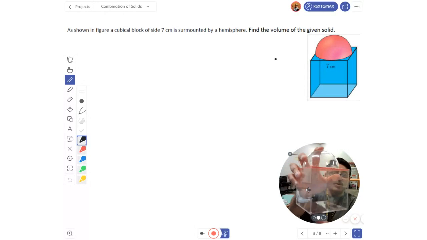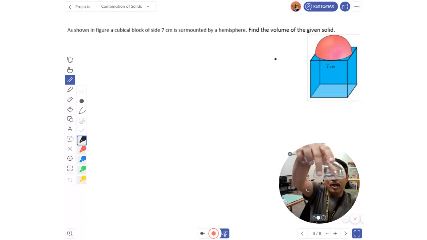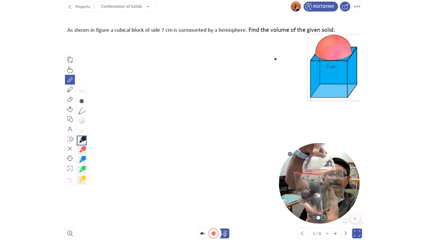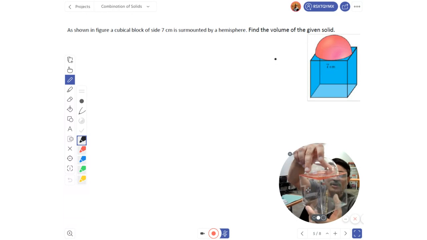So what you are going to do is compute the volume of the hemisphere, and I'm sure you know how to do it, and you know how to compute the volume of this cube. When you add these two, you get the volume of this, right? Again I'm repeating, you compute the volume of the hemisphere and the volume of the cube. Then when you add these two, you'll get the volume of this one, right?